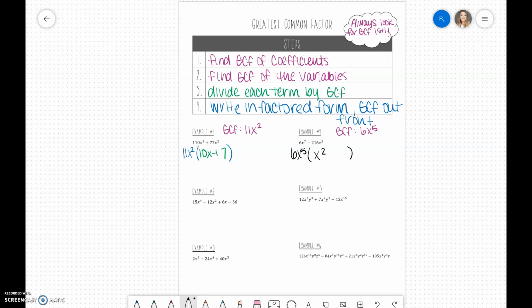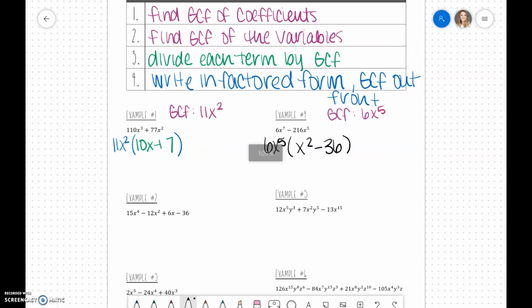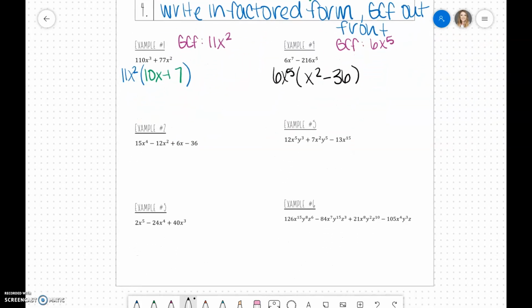Negative 216 divided by 6 would give us negative 36. And we pulled out all the x's, so this no longer has a variable with it. Now, later on, we will look at how we would factor this. Technically, this expression right here is not completely factored, so we'll go into that a little bit later. But for now, we'll just leave it as is.